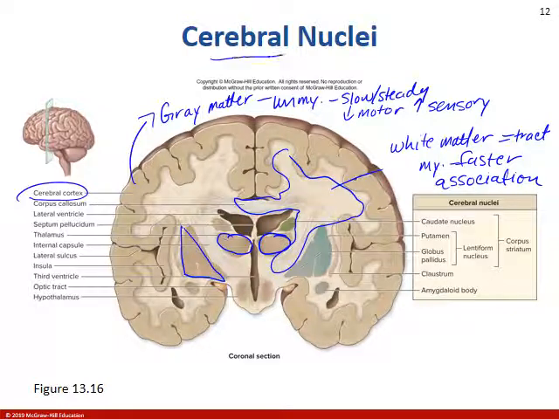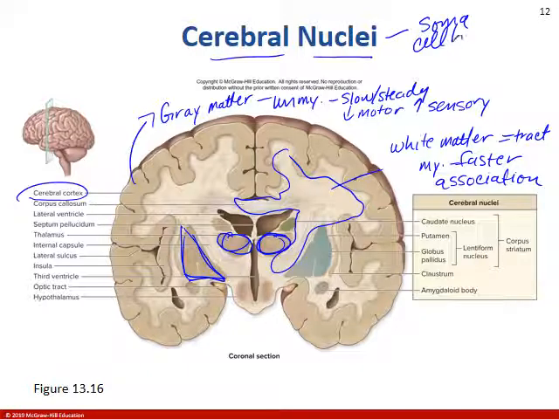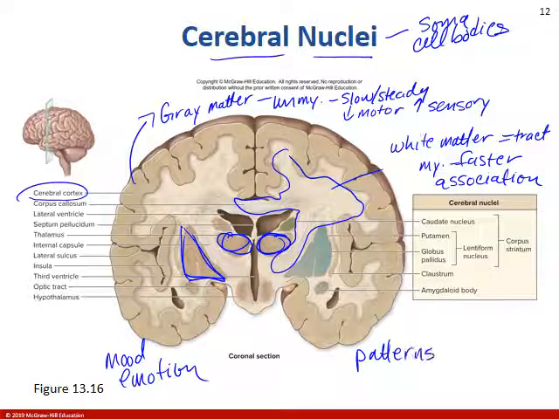Now we finally get to the cerebral nuclei, so these gray matter areas within the brain. So remember, nuclei is soma or cell body. It's a collection of whatever term you want to use, right? And these areas are going to be responsible for mood, emotion. On the motor side, it could be generating patterns, let's say for walking, you know, one leg forward, swinging the arms back and forth.